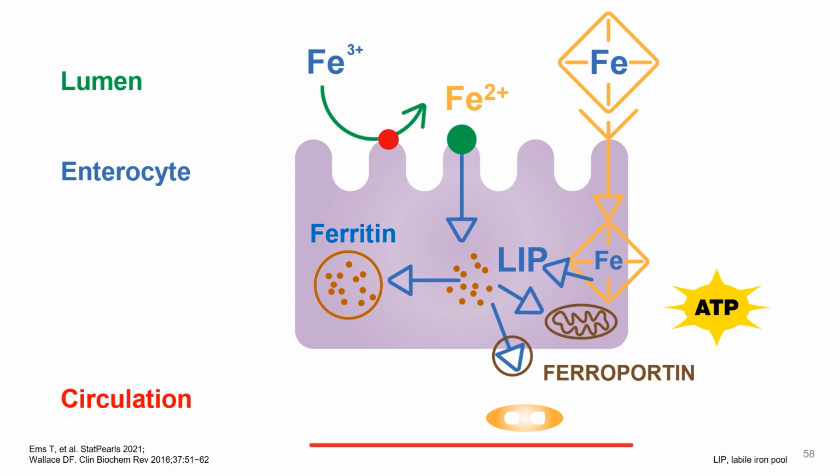So ferric iron is reduced by an enzyme on the surface here to Fe2+ or ferrous iron, which is taken up by a divalent metal transporter 1 sitting here on the duodenal surface. And as you can hear from the word divalent, it can only take up 2+ iron.